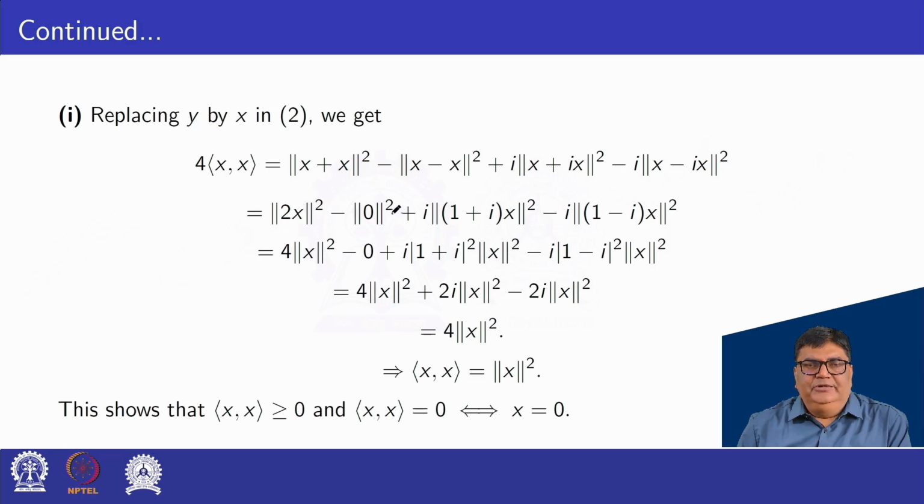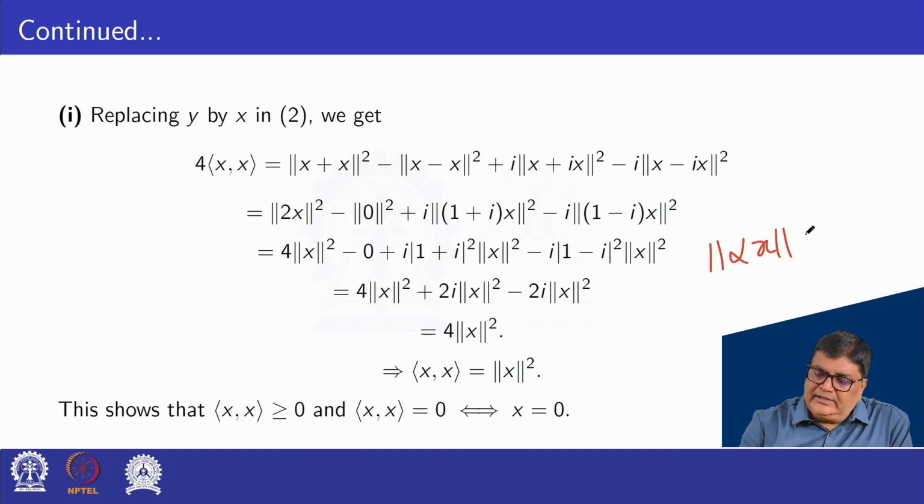Okay, so norm 0 is 0, and this is 4 norm x squared, because we know that norm of alpha x is equal to mod alpha norm x.